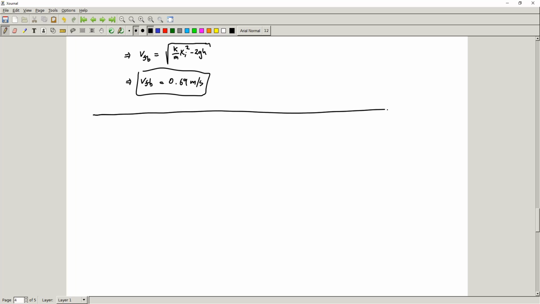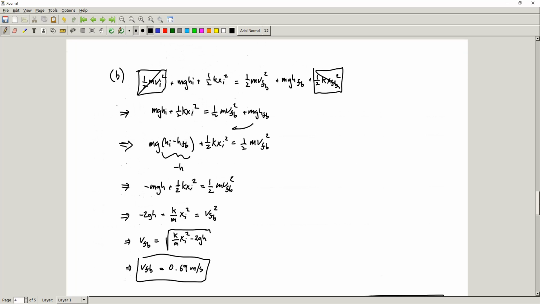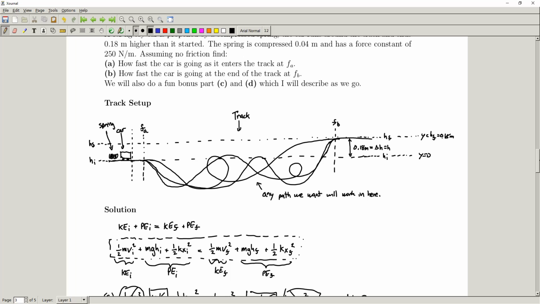So now a little addition to what they did in the text here. Let's take a look at what would happen if we considered point final A as our start point. So the car is at point final A with a velocity of 2 meters per second, and point final B as our finishing point, right?